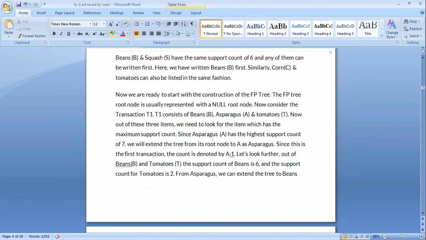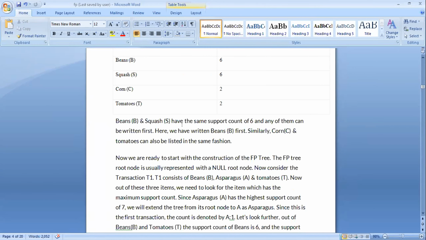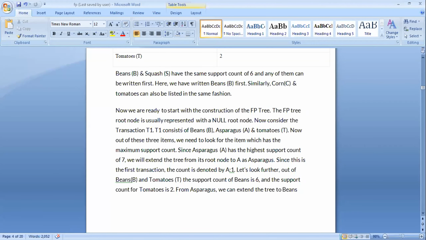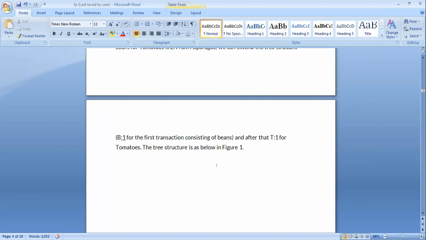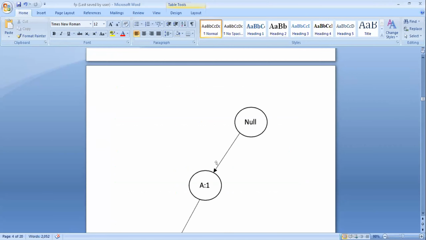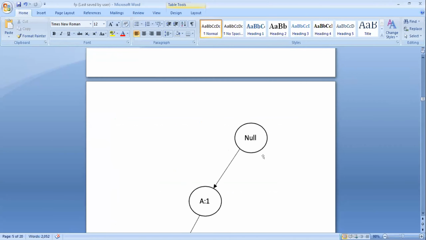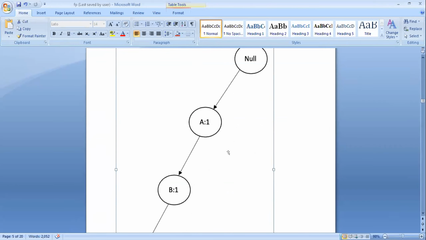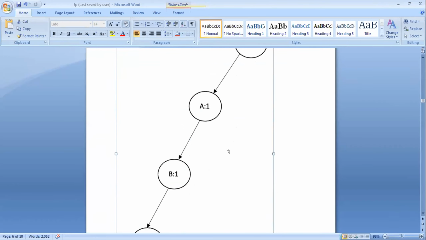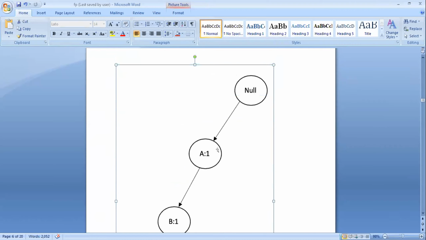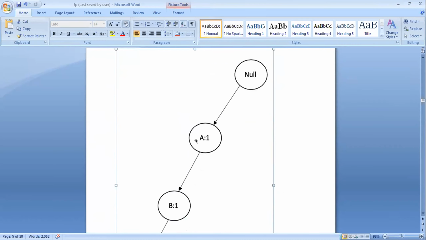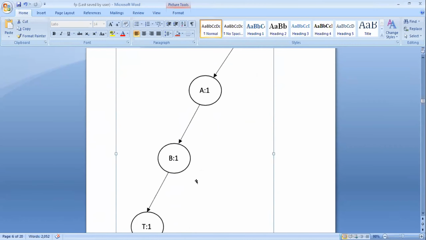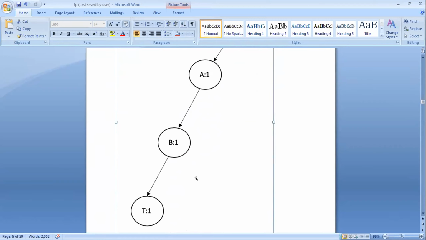Now, using this data, I want to create the frequent pattern tree. First, the structure: initially we represent it as null. In the first transaction, 3 items were purchased: asparagus, beans, and tomatoes.